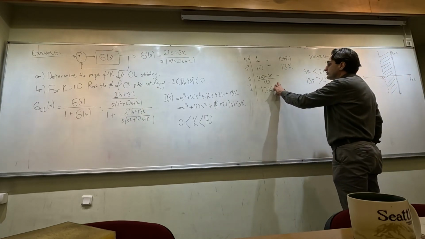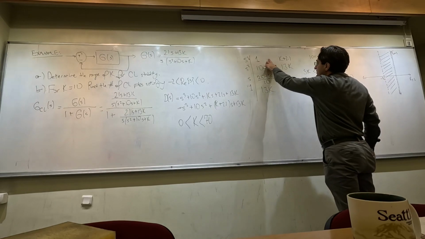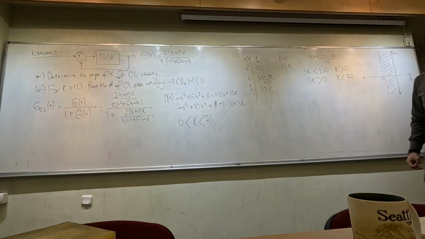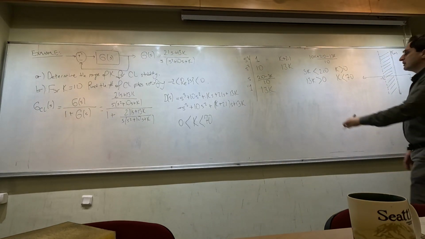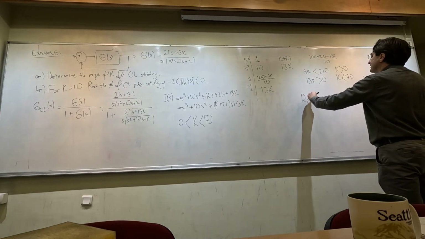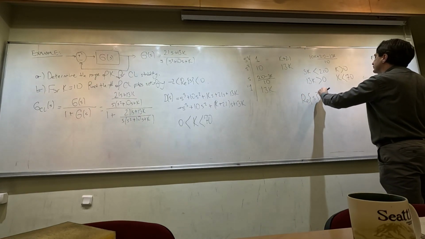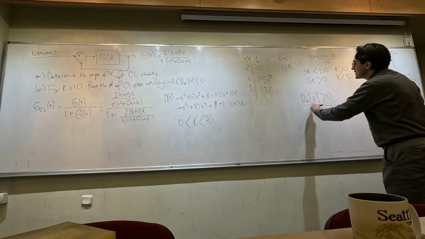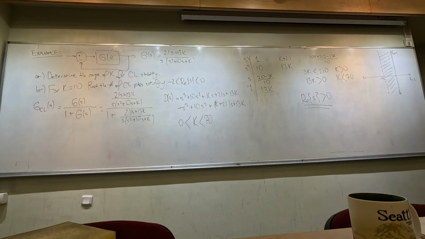Okay? So somehow the Routh stability criterion, or these Routh array calculations, are able to give us the number of closed loop poles which would satisfy this type of inequality. Okay?